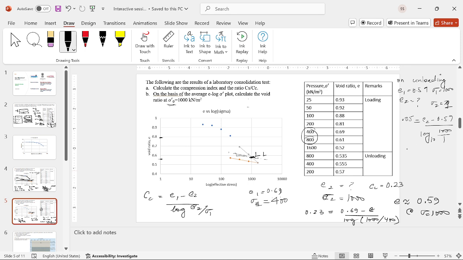So the E2 will be 0.74. So it will come out to be somewhere here. So the unloading will take place like this. Okay, and the soil void ratio after unloading will be 0.74. Okay, so let's move on to the next question.